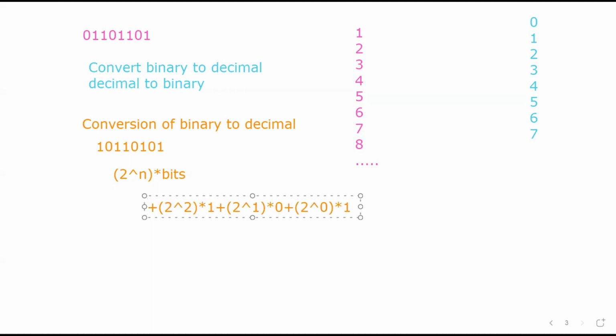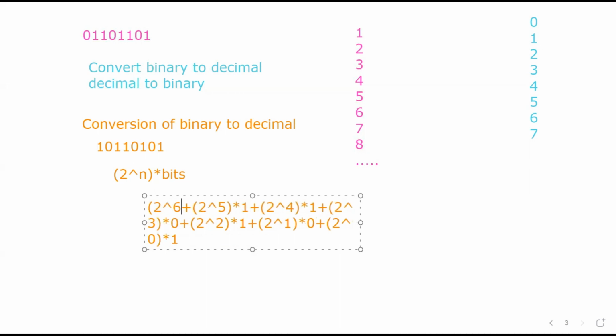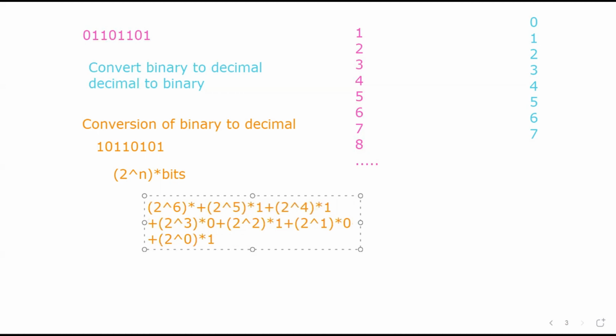Add 2 to the power 3 into the fourth bit, 0. 2 to the power 4 into the fifth bit, 1. 2 to the power 5 into the sixth bit, 1. 2 to the power 6 into the seventh bit, 0.